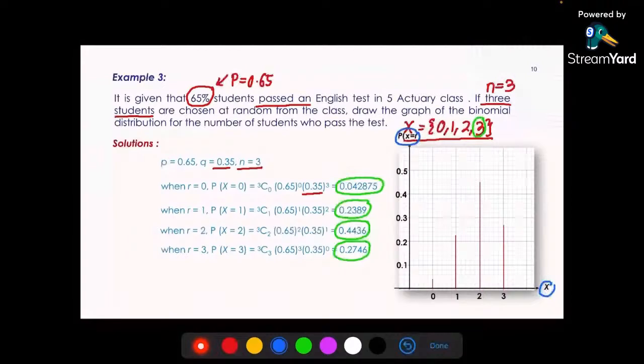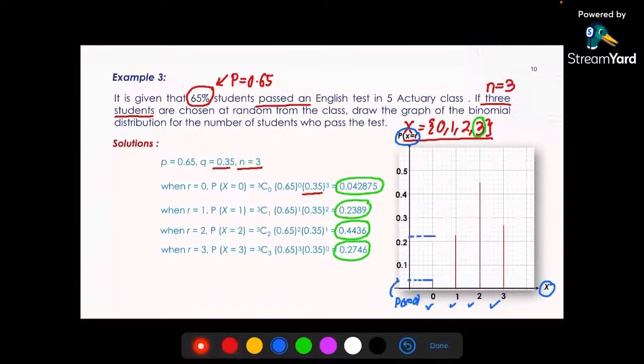Kau tengok kan? So kalau P0 kat sini adalah lebih kurang je. This is 0.04 lebih kurang di sini lah. Nilai dia. Ni adalah this one yang 0 tu adalah P X is equals to 0 kat sini. So this one yang 1 ni pula 0.23 lebih kurang di sini lah.